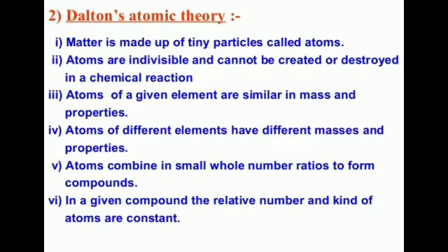Next is, atoms are indestructible and retain their identity in a chemical reaction. And formation of a compound from its elements occurs through the combination of atoms of unlike elements in a small whole number ratio. Clear? Some of these postulates were wrong.